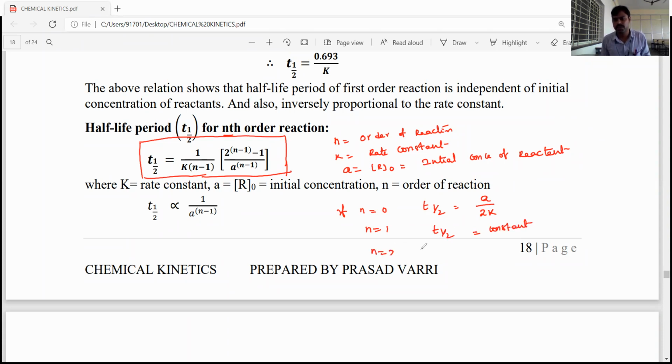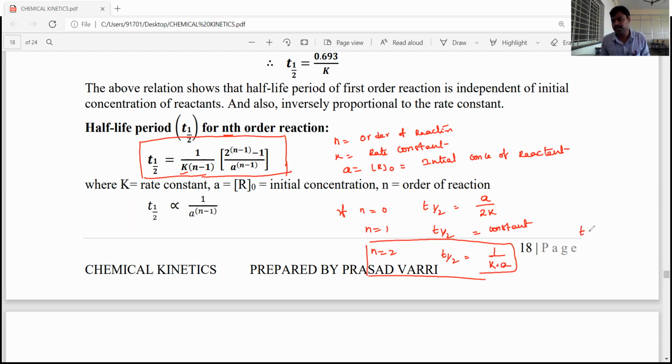If n is equal to 2 is used, then the half-life period t half is equal to 1 by Ka, because n is equal to 2 means 1 by K into 2 minus 1, which is nothing but K only, dear students, and 2 power 2 minus 1 minus 1 is nothing but 1, by a power 2 minus 1, which is nothing but a only. So n is equal to 2 means for second order reactions, t half is equal to 1 by K into the initial concentration.